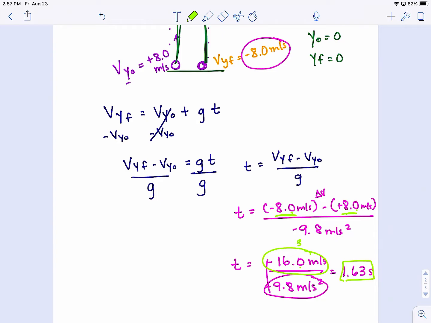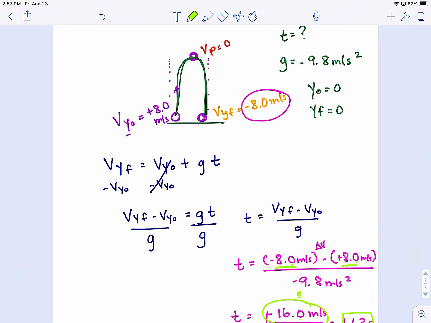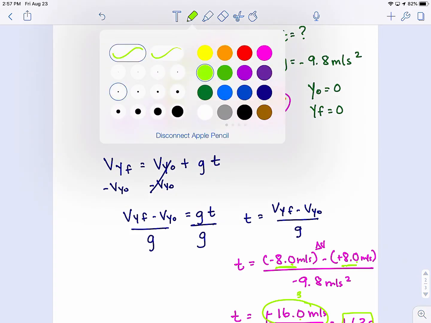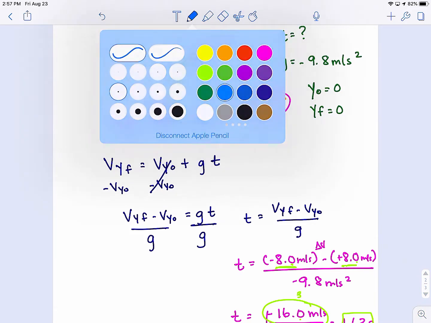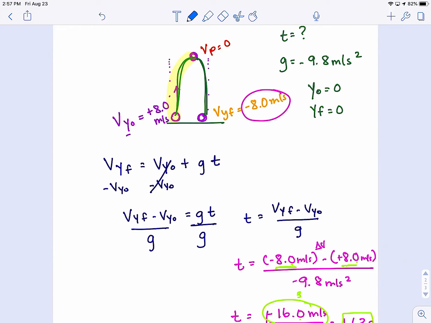Now there is another way to approach this problem. We could find the time from here to here. Okay? If we do that, the way it changes the problem, instead of the final vertical velocity being -8, the final vertical velocity is 0.